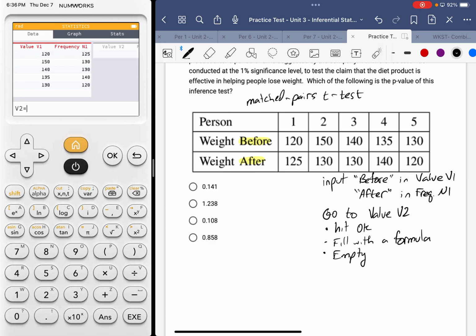And I'm going to type in V1 minus N1. All right. And it's a little bit of a hunt and peck kind of situation. But if I look at this, I can see the alpha key, lowercase, uppercase.